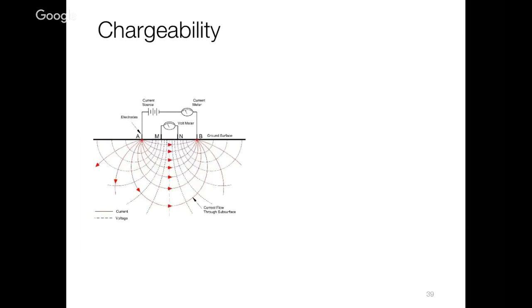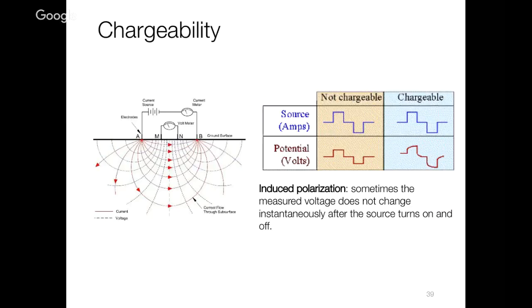And then there's chargeability. Here we could do the same kind of experiment. Put down two probes and a battery, get a current that goes through, and measure the electric potential. If the Earth is not chargeable, just like ordinary material, we measure a signal that looks like this.